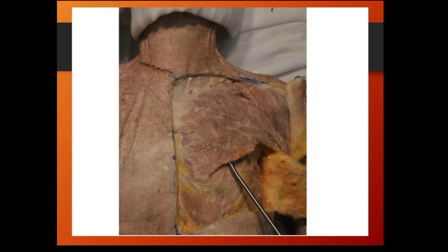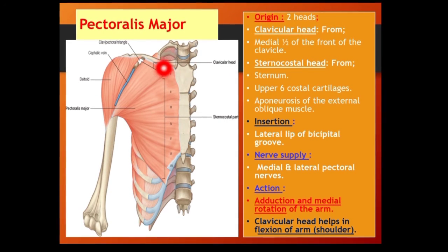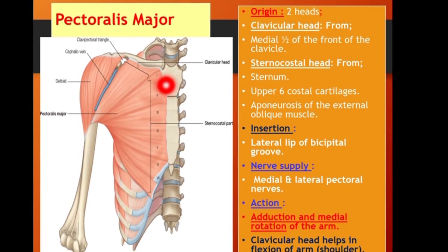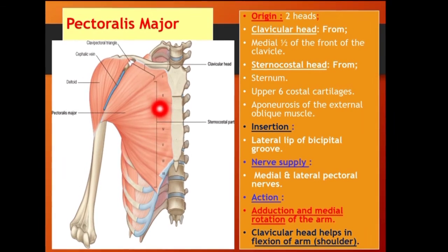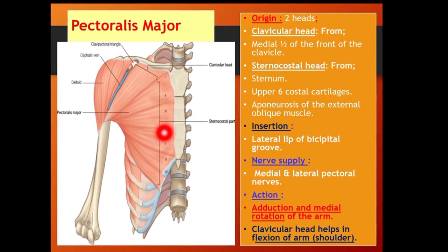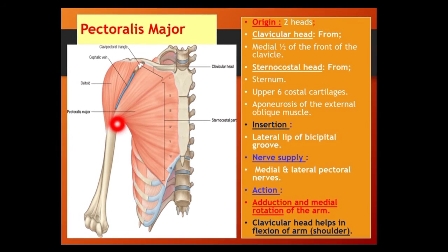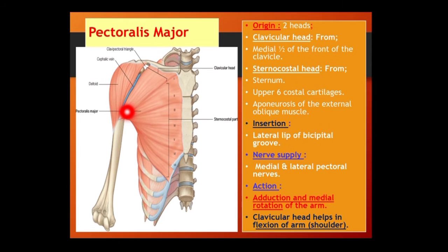Second is the sternocostal head, from half the breadth of the anterior surface of the manubrium and sternum up to the sixth costal cartilage, right? This whole muscle is known as pectoralis major, and it is inserted by a bilaminar tendon on the lateral lip of the bicipital groove.